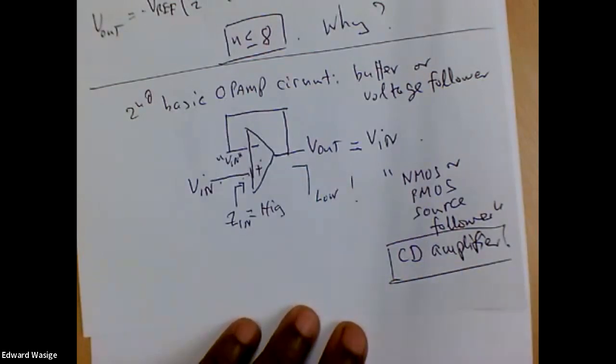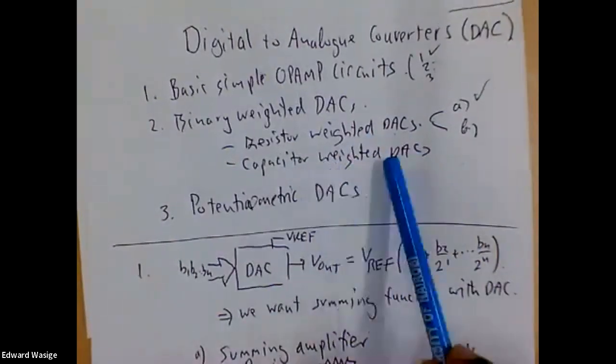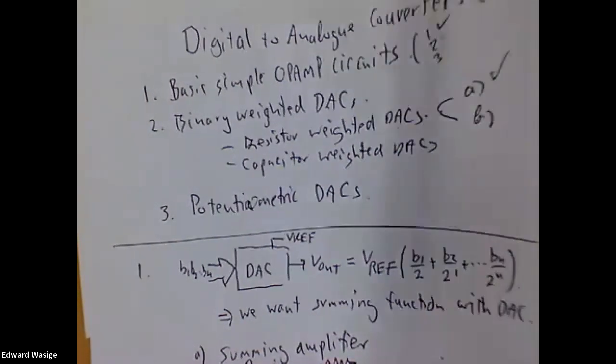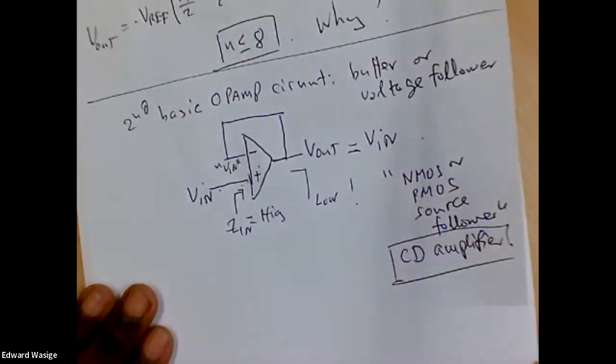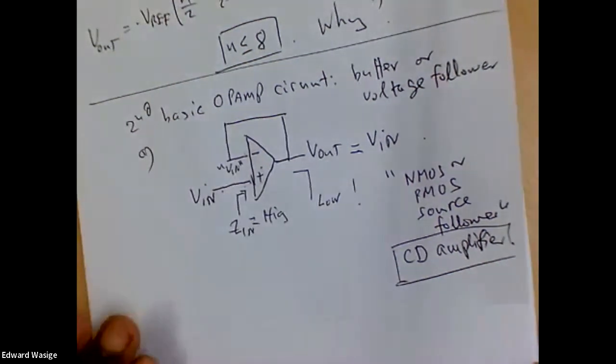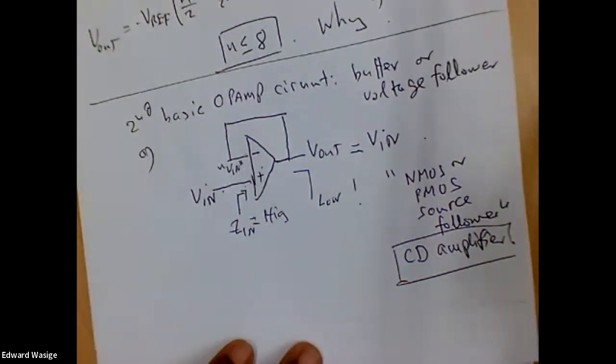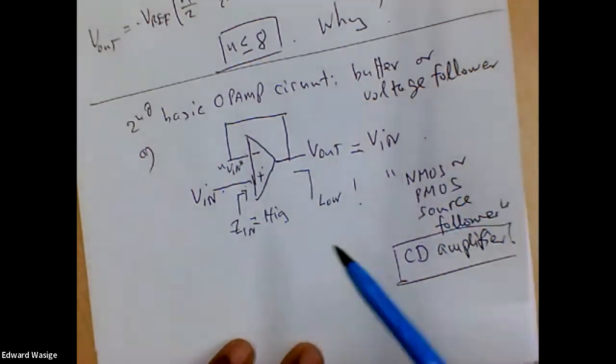It's useful for the weighted capacitor DAC, which we'll look at in 10 minutes. And this is circuit A in terms of a basic op-amp circuit.